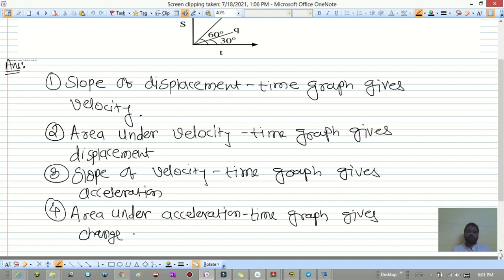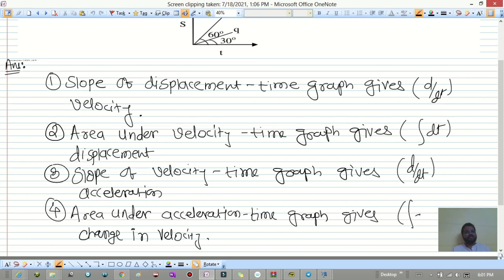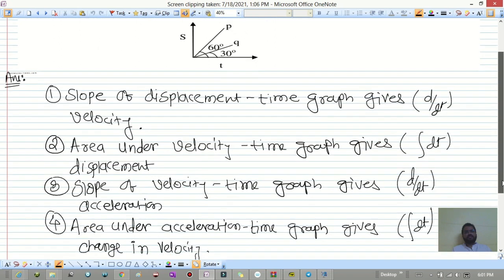So these 4 points are very important. And one more thing, slope indicates the differentiation d by dt, area indicates the integration. Okay, so all these points must be clear to you all.